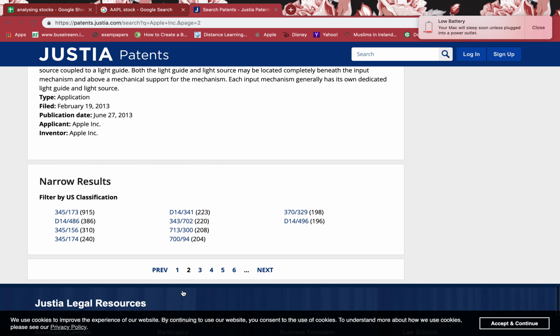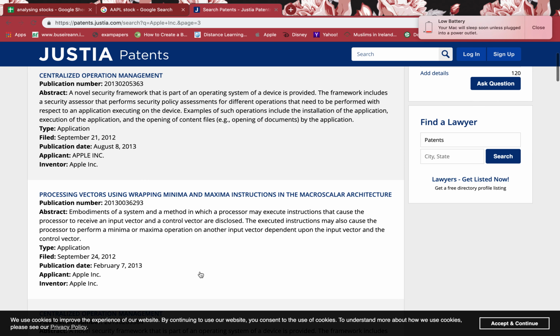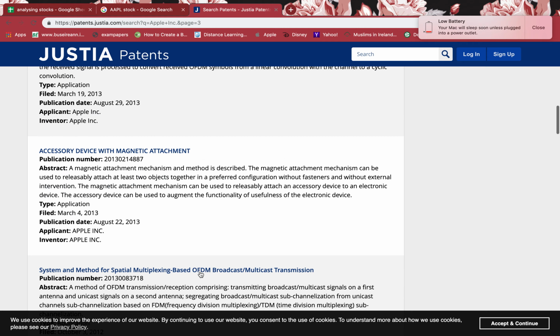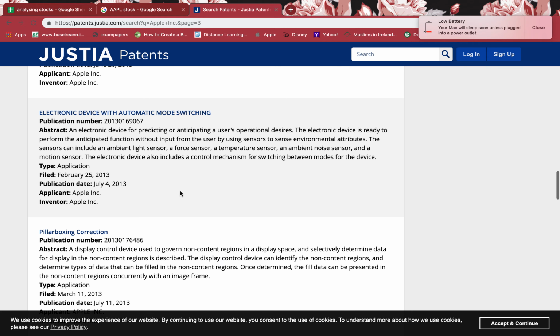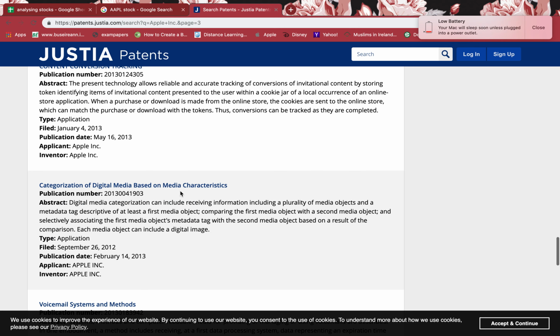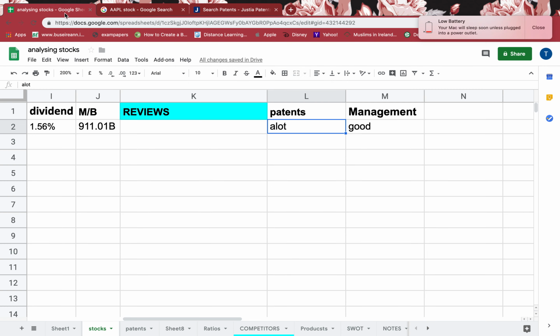Because if it was innovating in 2013 or 12, if it had patents and not now, that's not a good sign. So you can just go through the list and see if it has recent patents, and it will give it a margin of safety, and the patent acts as a moat. So it's very important for the firm because it gives the firm a competitive edge.